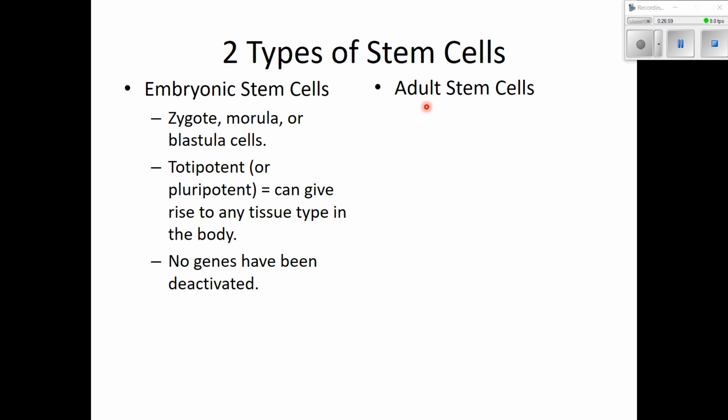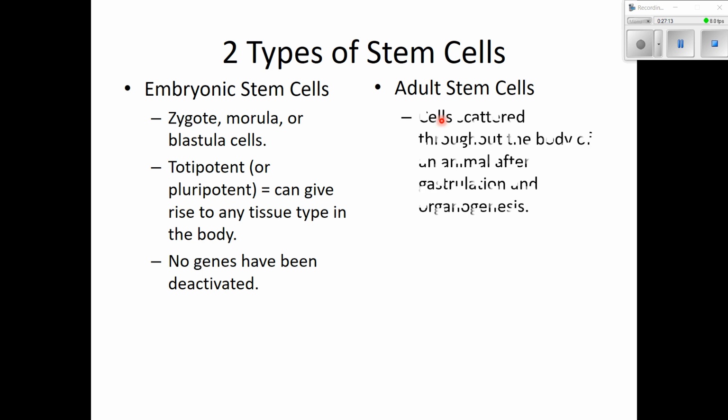I've noticed some textbooks have started referring to them as somatic stem cells to differentiate them from embryonic. But certainly at this point in your life, the only stem cells you have remaining in your body are adult stem cells. And these are scattered throughout the body, and you're going to keep some of these adult stem cells in the tissues of your body for the rest of your life, and they serve a really important function.